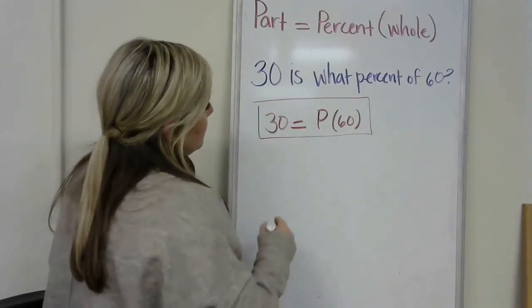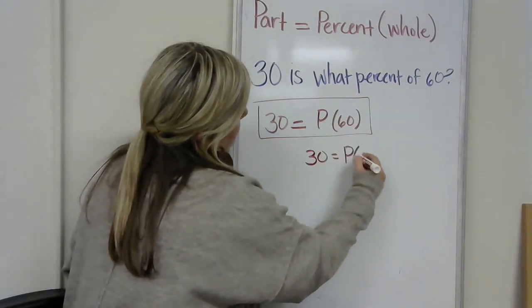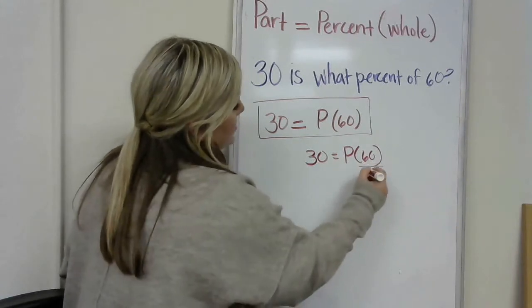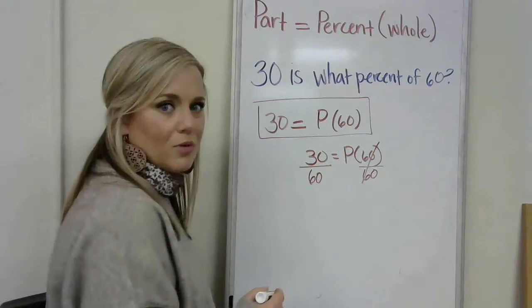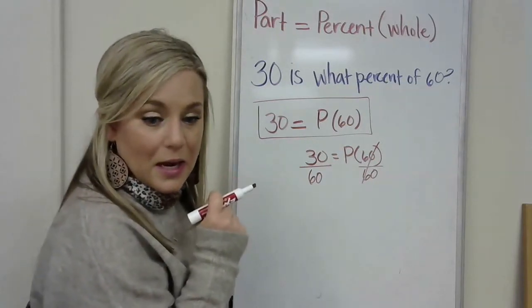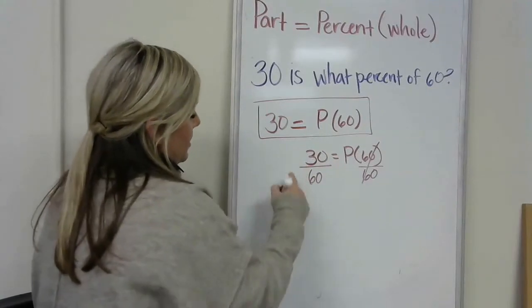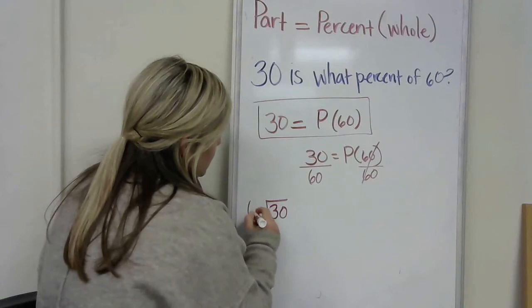All right, now, I'm going to rewrite this because I'm going to solve for this. Now I know I need to get this P by itself, and the only way I can do that is to divide by 60. Divide by 60. All right, we're going to T-bow this. 30 goes in the division box. 60 goes out.